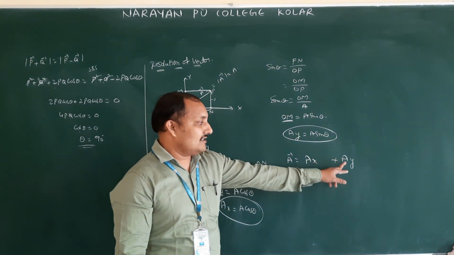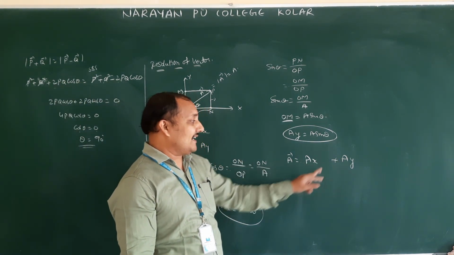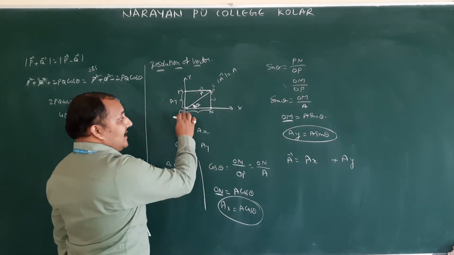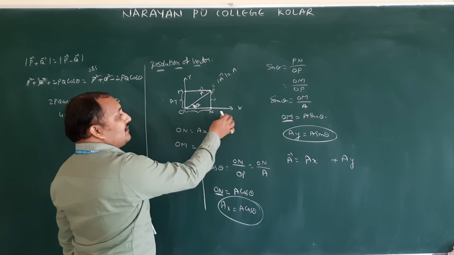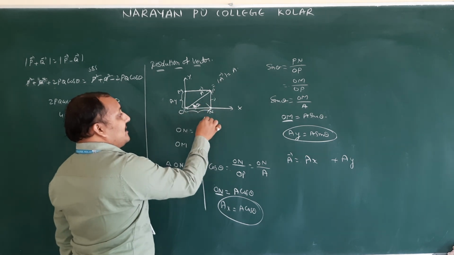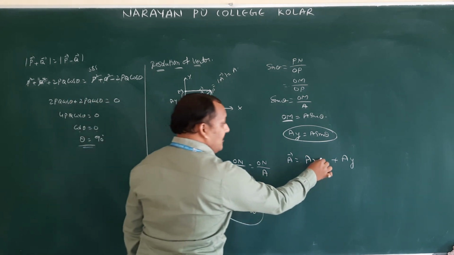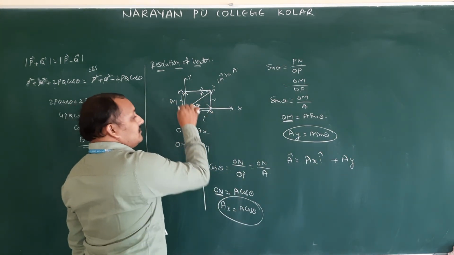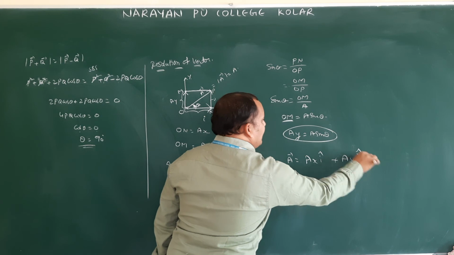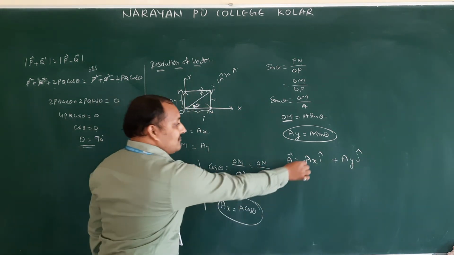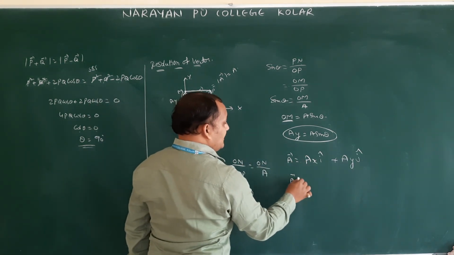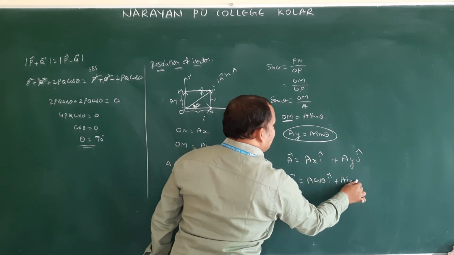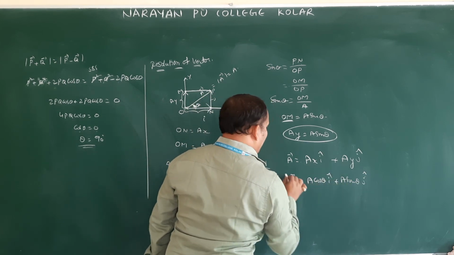This is scalar, this is scalar. To make this into a vector, we will multiply. AX is along which direction? Along the x axis. To give it direction, we multiply with i cap. Therefore AX i cap. If you want this one as a vector, we should multiply with j cap. So a bar is equal to A cos theta i cap plus A sin theta j cap.